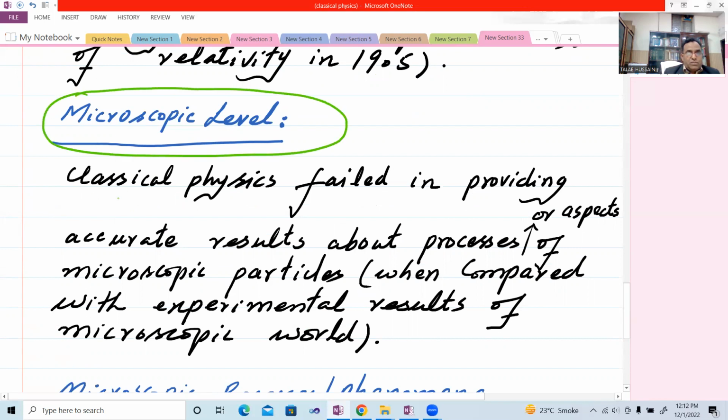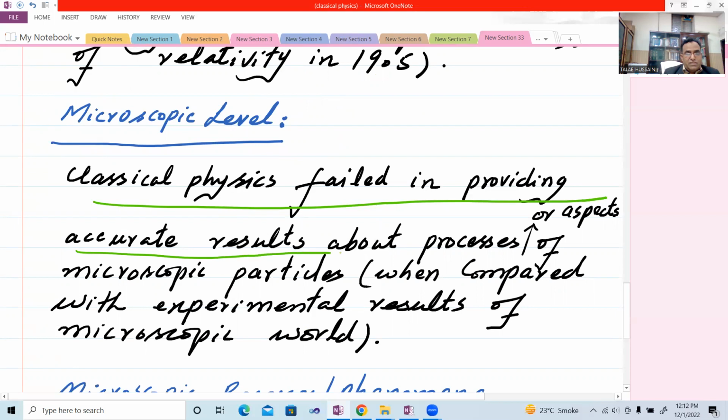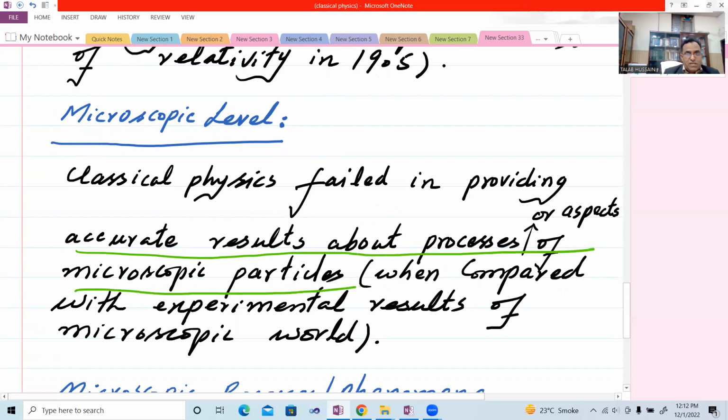There, classical physics failed in providing accurate results about processes of microscopic particles when compared with experimental results.